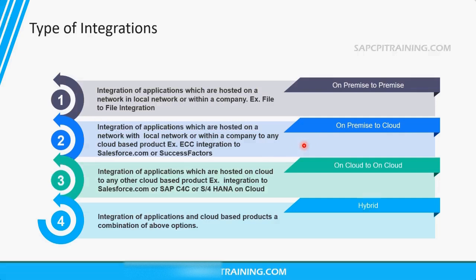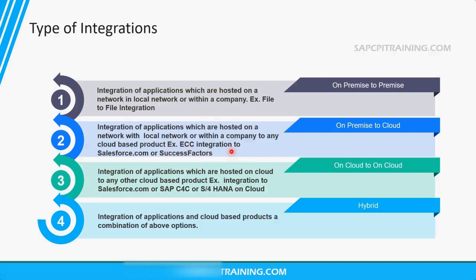Another question that you need to ask the customer is whether there is any existing investment by the customer. Let's say the customer says, okay, I'm running PIPO from the last 10 years, and CPI is the option. So here the options would be either PI or CPI or any other cloud-based middleware. But the weightage should go to the question of whether the customer has any existing investment, because these kinds of integrations can also be done using PIPO.